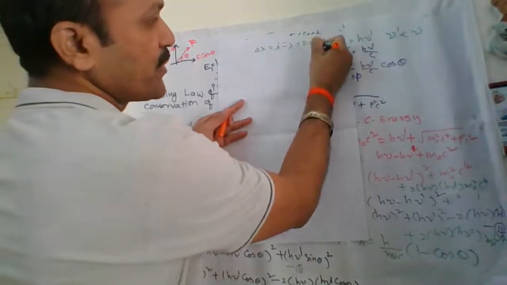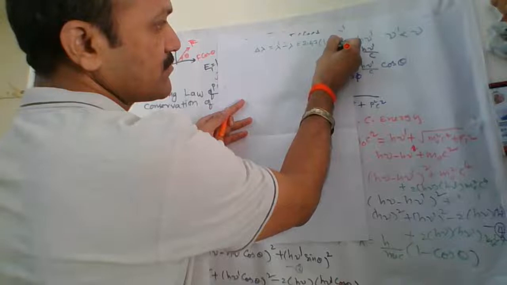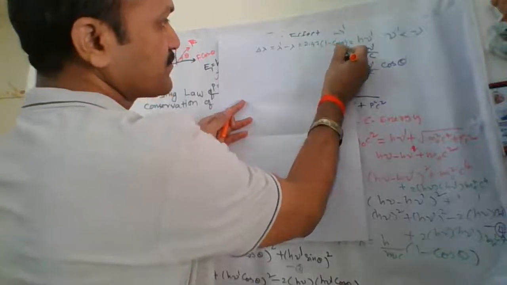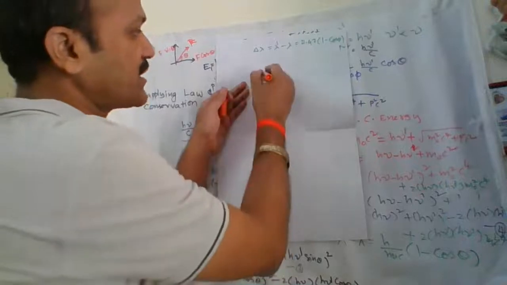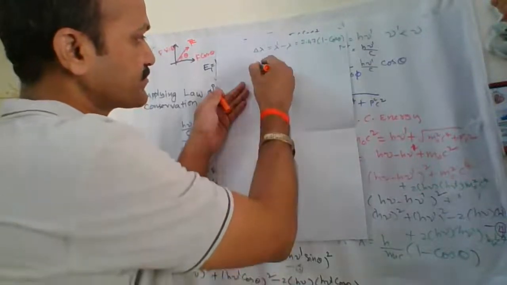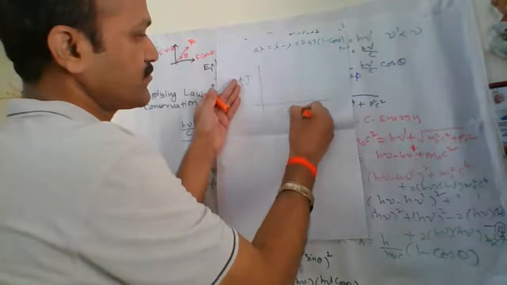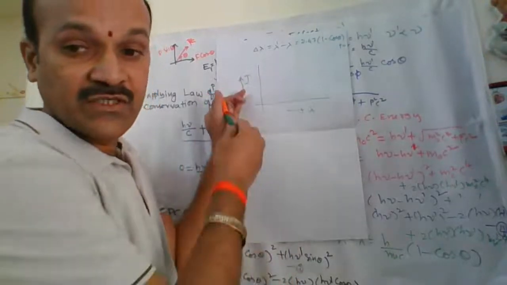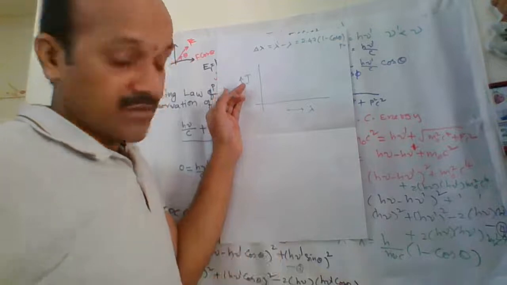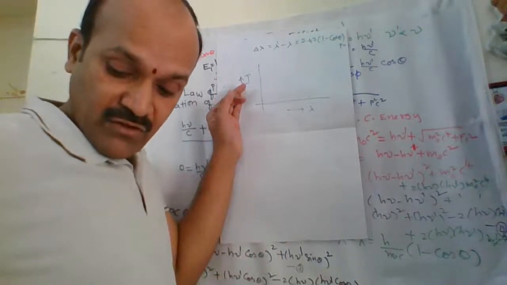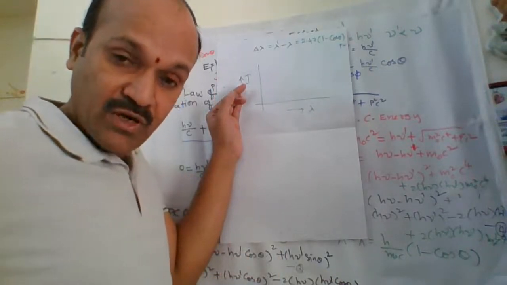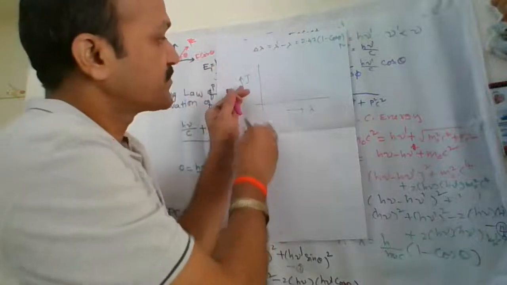If you draw the graph between relative intensity and wavelength of the photon, you get the total.